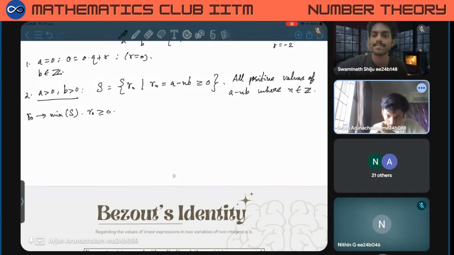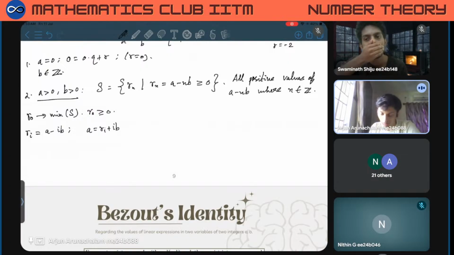Now let's prove that there does exist a minimum. Let's say Ri is equal to a minus ib. So you get that a is equal to Ri plus ib.